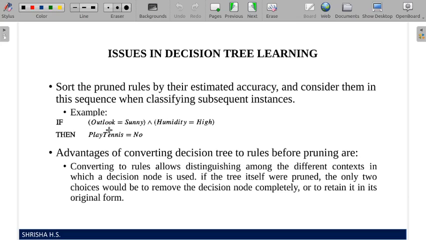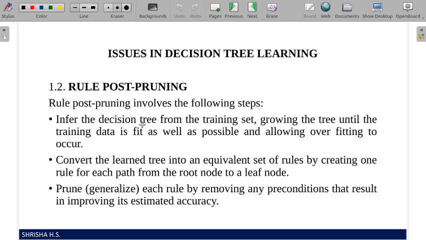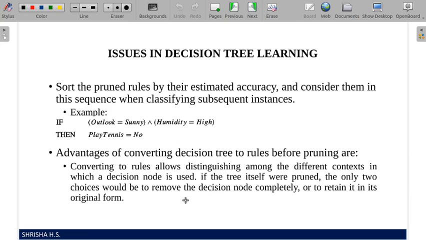If that is the case, then we can remove that node and the tree will be pruned. So convert the tree into an equivalent set of rules, then prune each rule by removing any precondition that results in improving its estimated accuracy. We'll just go through it again. We have a tree.